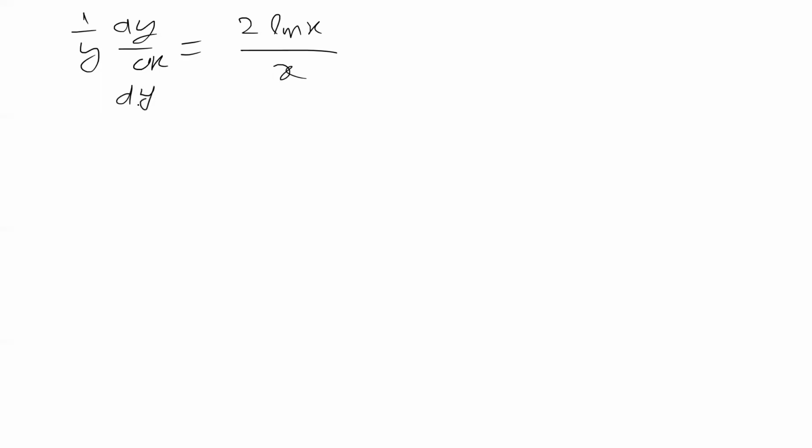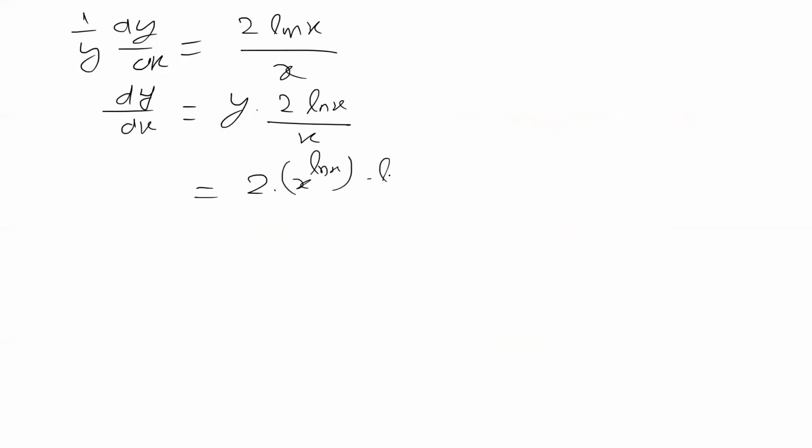So dy by dx equal to y into 2 ln x by x. Then what is the y value here? y value is x power ln x into 2 ln x by x. Okay, so this way we can find out.